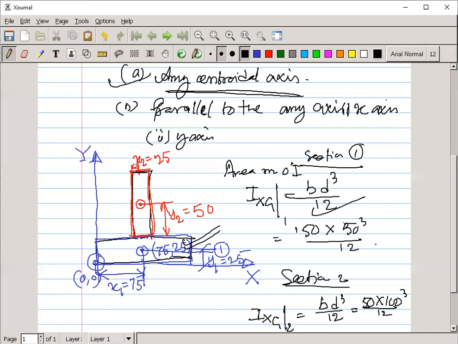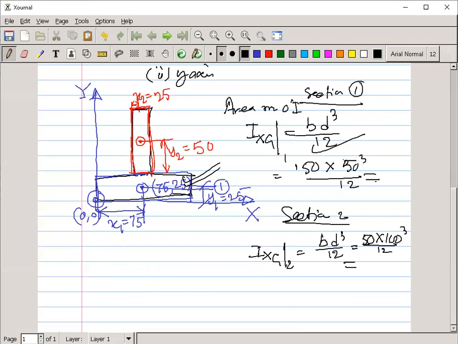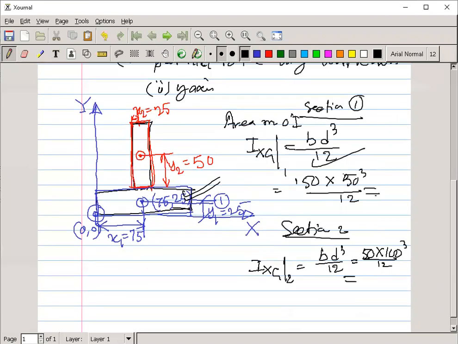Up to this, is it clear? Part A we have completed. Up to this, is it clear? Please reply at least. Yes, sir.